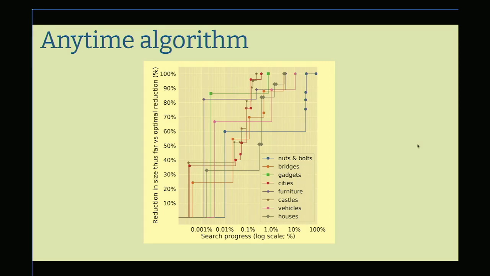And so here's a graph where on the x-axis we have a log scale of the search progress, and on the y-axis we have how close we are to the optimal abstraction. And from this you can see that within around 1% of our total search time, we're already finding, in many cases, the optimal abstraction or a nearly optimal abstraction. So for extra scaling, you can stop the search early.